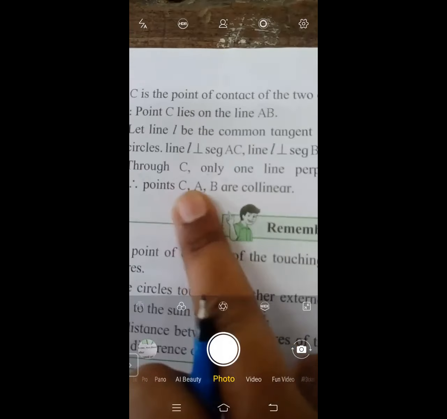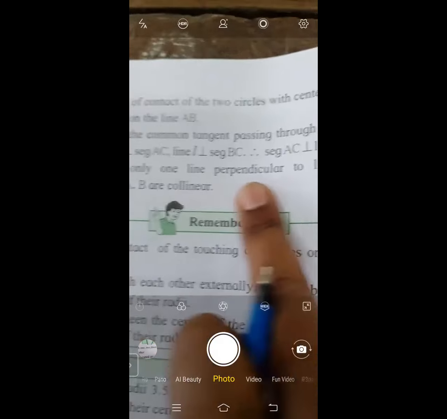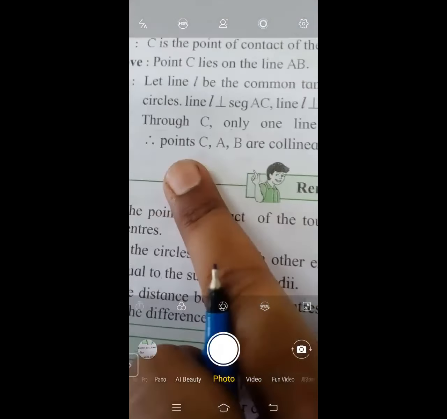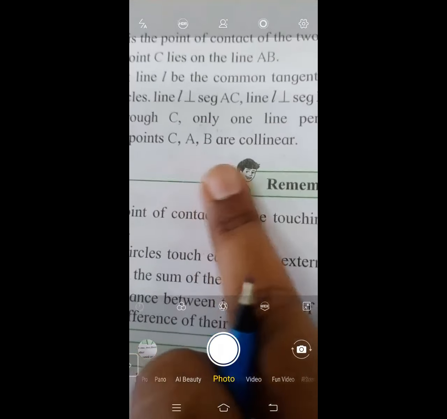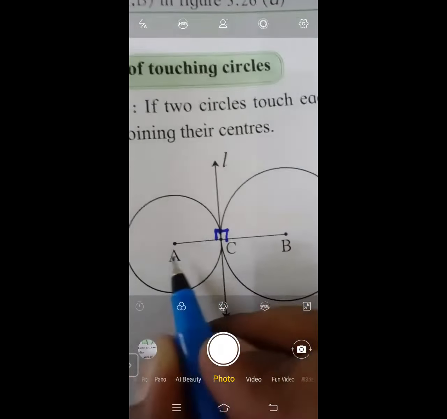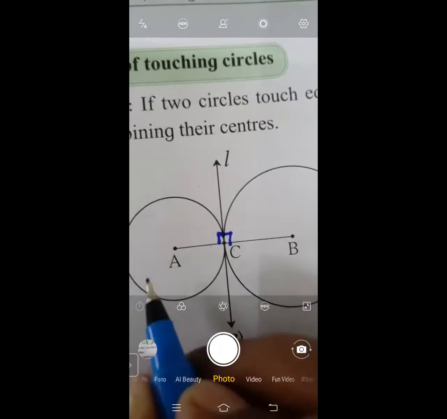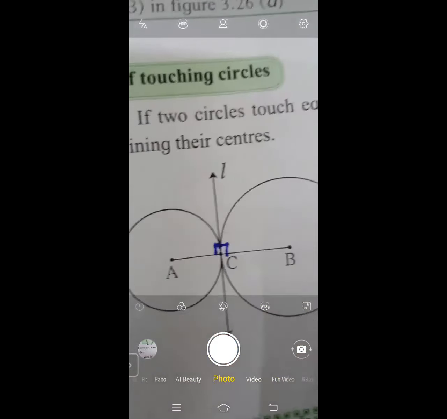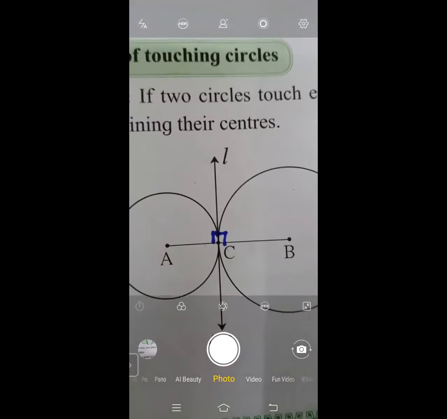Through C, only one line perpendicular to the line L can be drawn, and therefore points C, A, B are collinear. We can just draw a single line. You will see that this is a single line. So only one line can be perpendicular to line L. You must have drawn perpendicular bisectors.